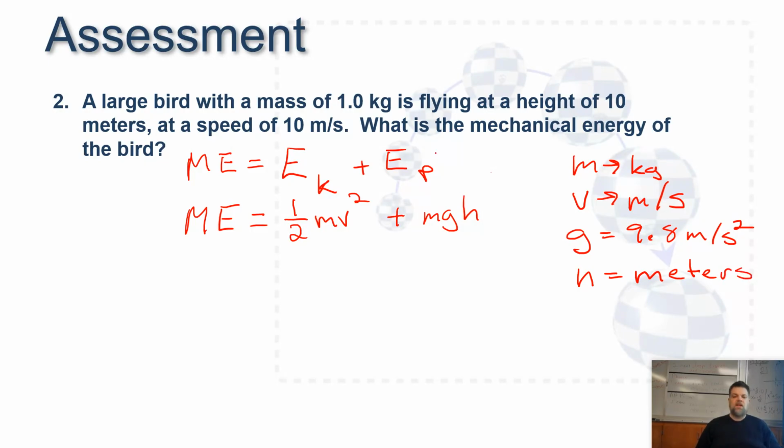Let me double check that. Do I have the mass? Yeah, the mass is equal to 1 kilogram. The height is 10 meters. The speed, which is the velocity, can you get that for me? The velocity is 10 meters per second, so I'll write that over here.